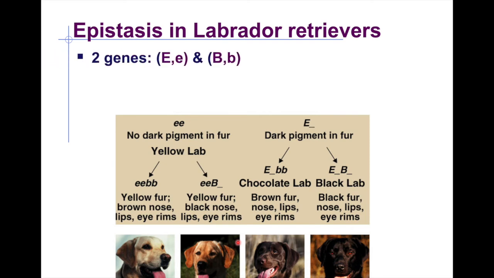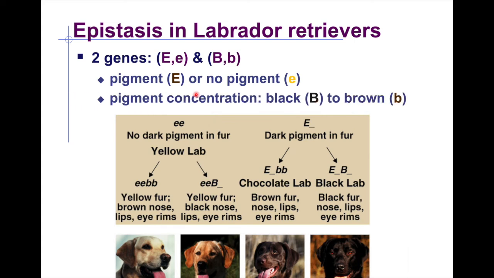The same can be said for coat color in Labradors. Again, there are two genes that control their coat color, and there's also a concentration of the pigments. These specific sequences will give out the following colors, which are the observed phenotypes.